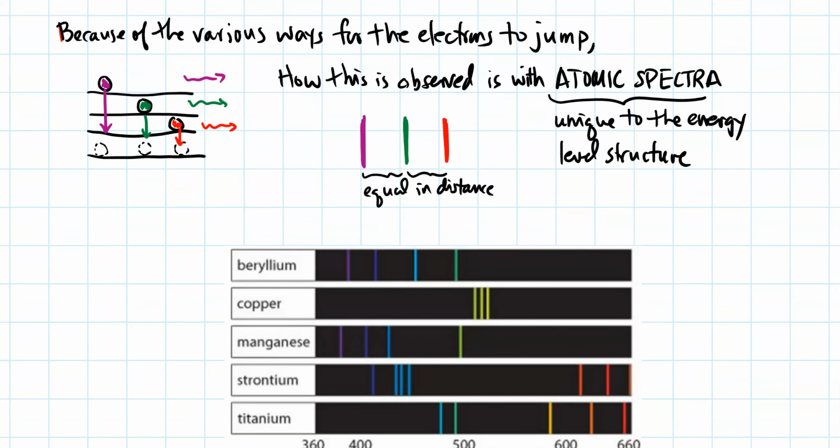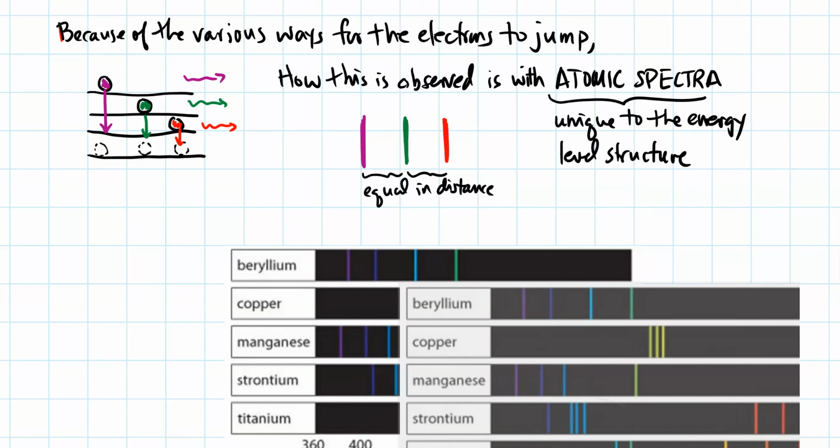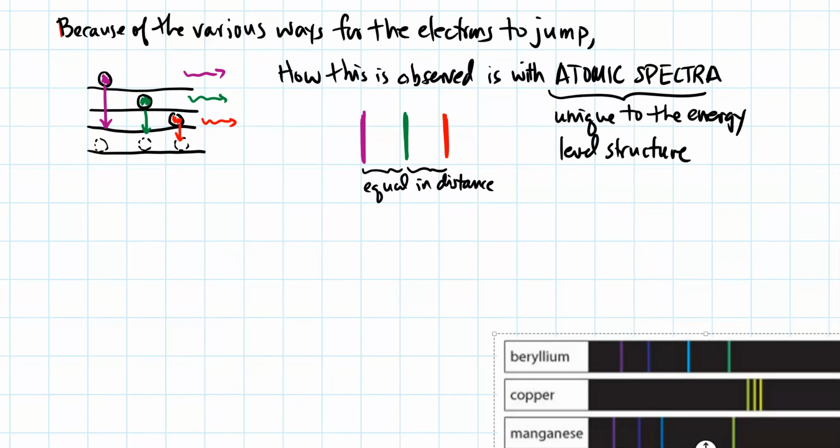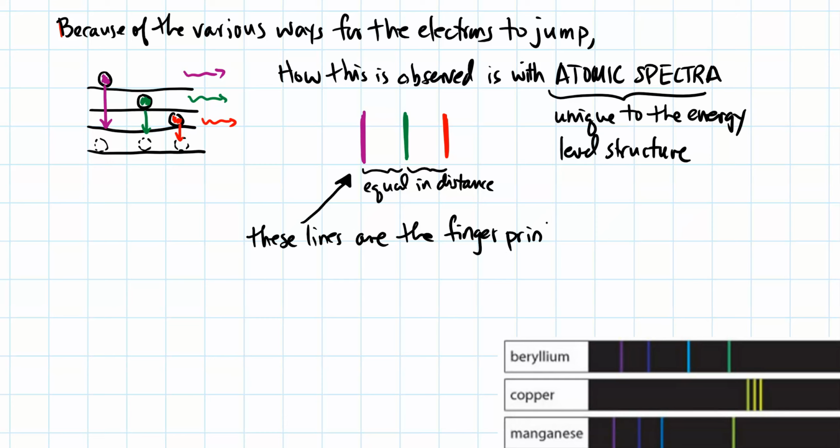And because it's unique to the energy level structure, what we say then is that these lines here are the fingerprints of the atom.